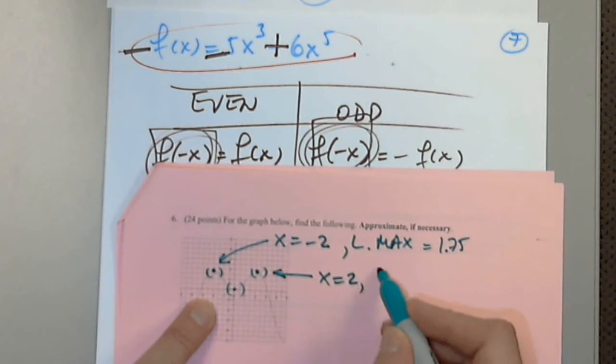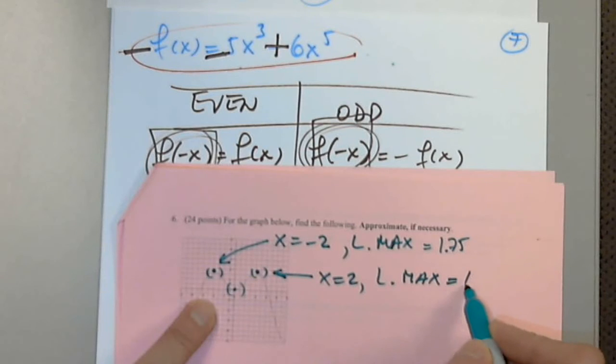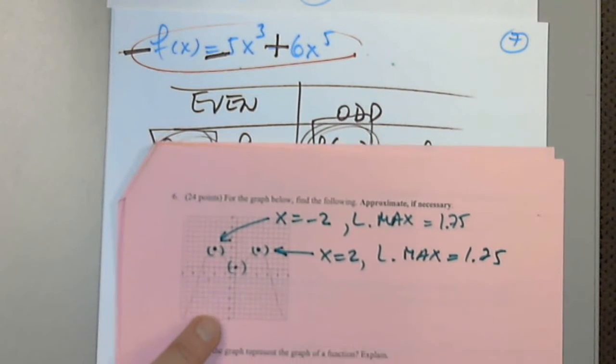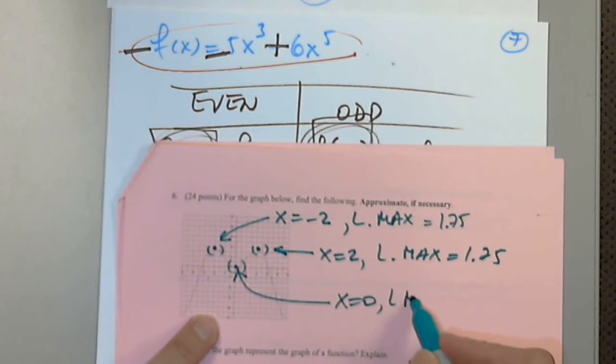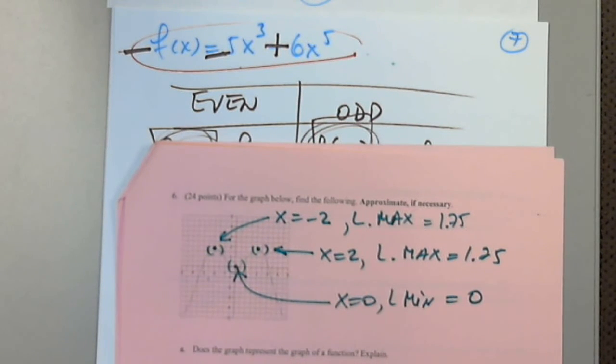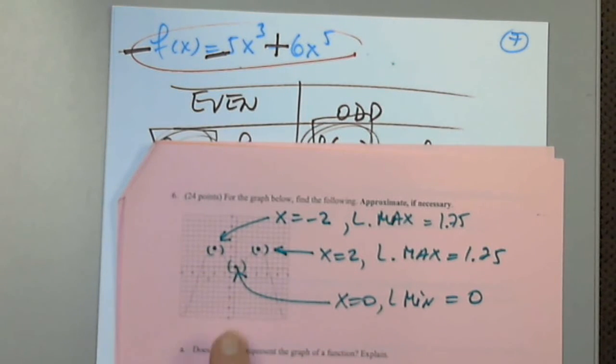But x equals 2, local max is 1.75. And this one, when x equals 0, local min is 0. Is that okay? No, I don't understand. So it's 0, 0.